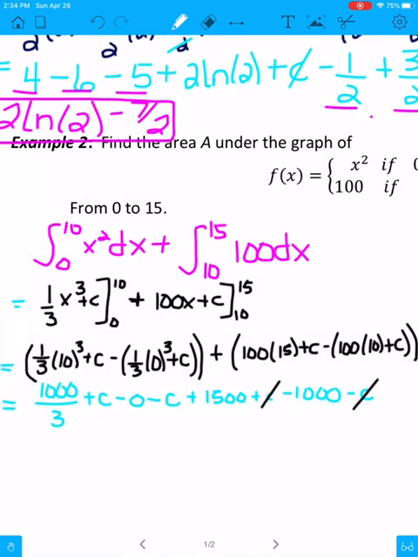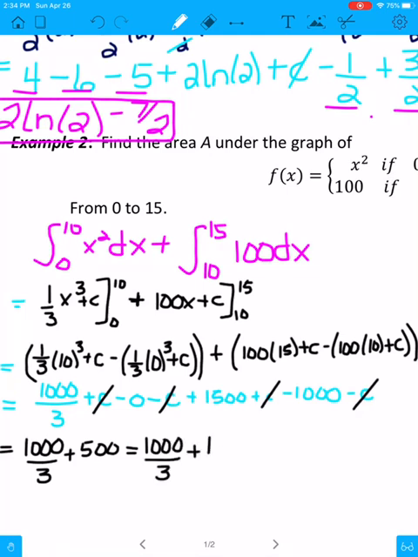So the negative c and positive c cancel. So we're going to end up with 1000 over 3 plus 500, which is the same as 1000 over 3 plus 1500 over 3 to get common denominators, which is 2500 over 3.